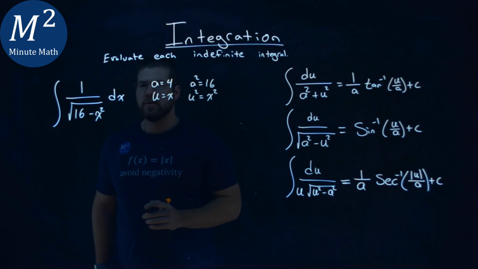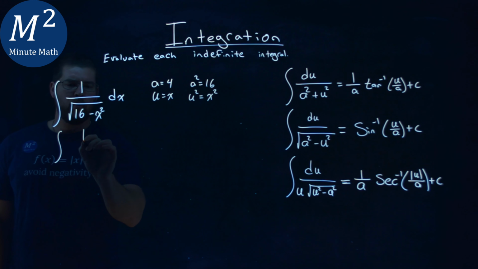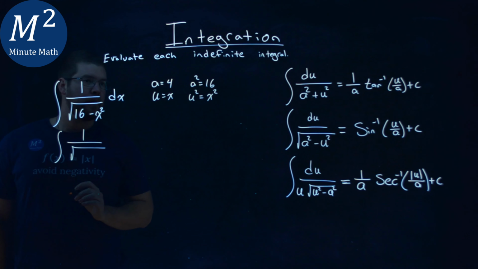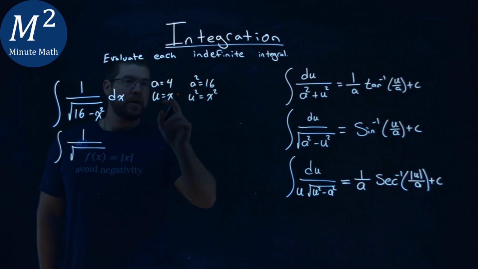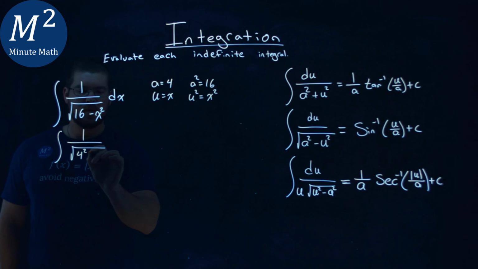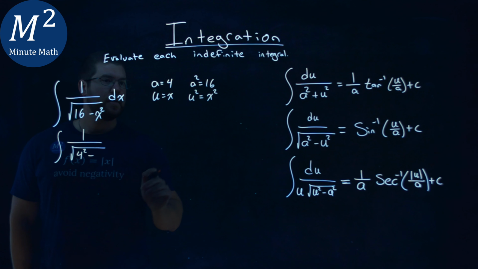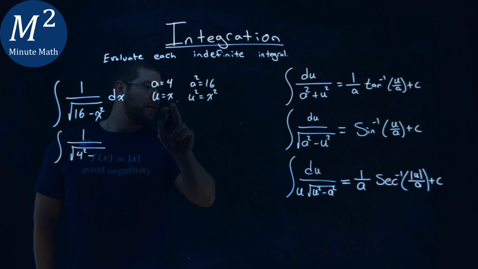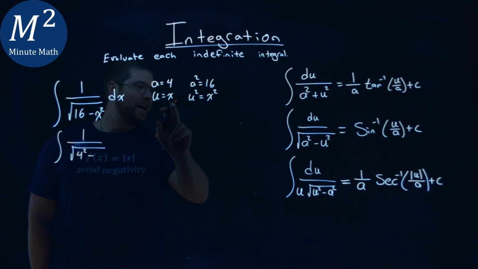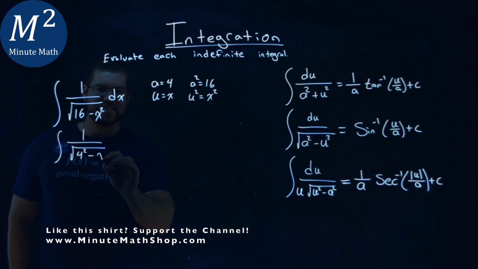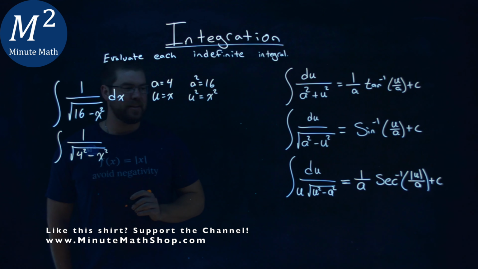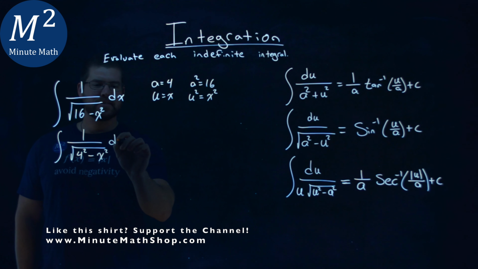So let's rewrite this integral. I have 1 over the square root of, I'm going to write it as my a squared, so 4 squared, minus, and then I said u is an x, so we just have x squared here again like that. Make it a little easier to see, dx.